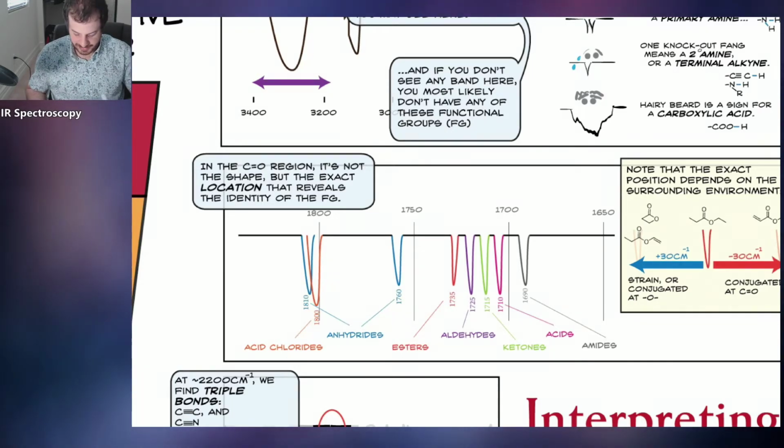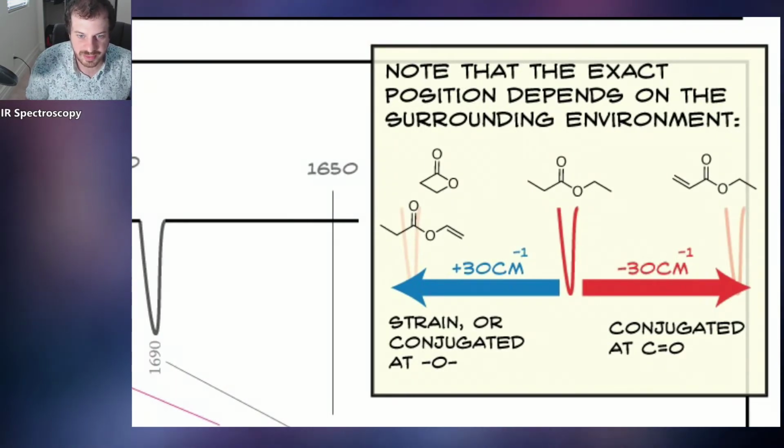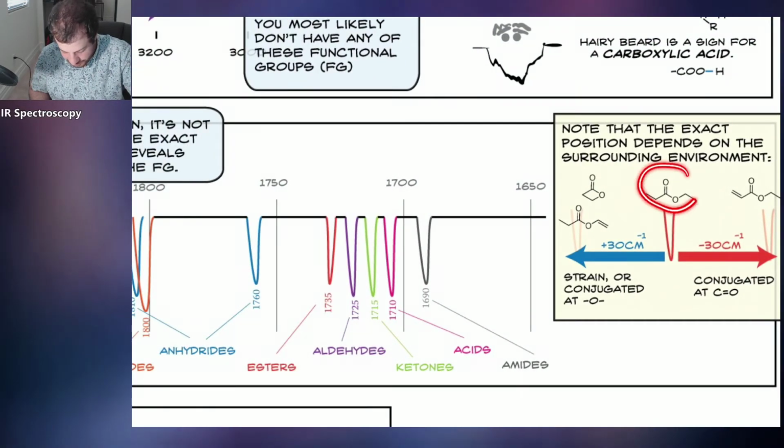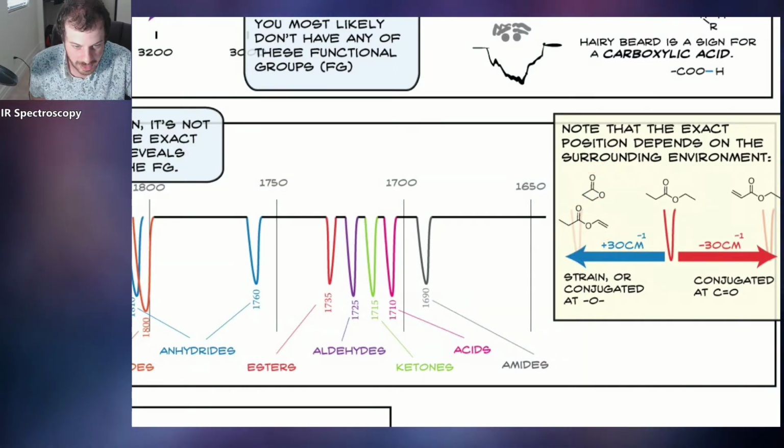One thing to keep in mind, and this little picture kind of mentions it, is that depending on the environment of the CO double bond, there can be some modifications to the actual wave number. So for example, this is an ester, and we know that esters show up at 1735. Well, if the ester is in a strained ring or conjugated through the oxygen, that can shift the wave number up by about 30, so that instead of being at 1735, it may be at 1765.